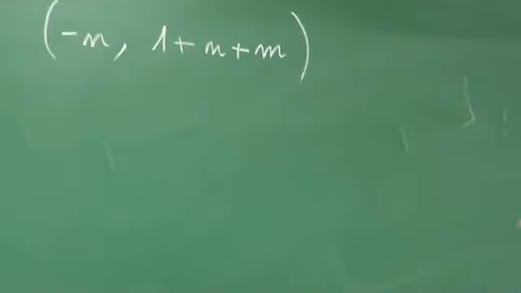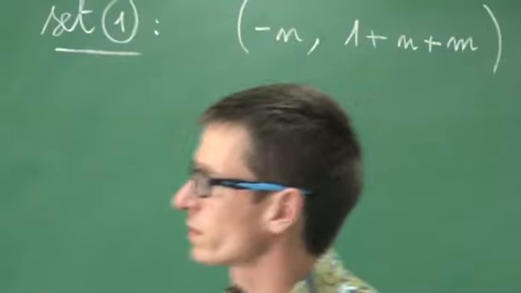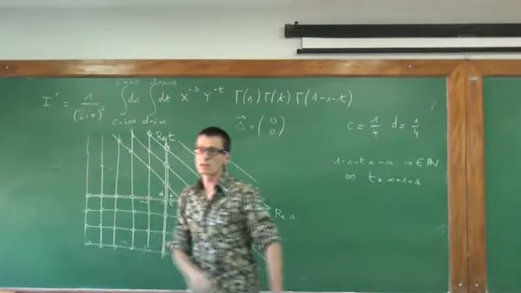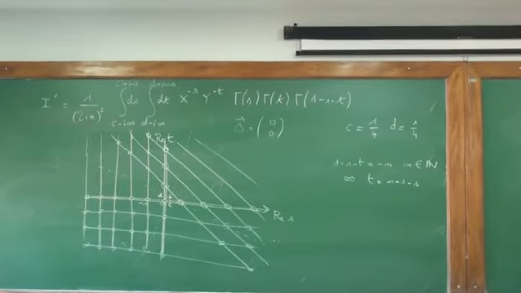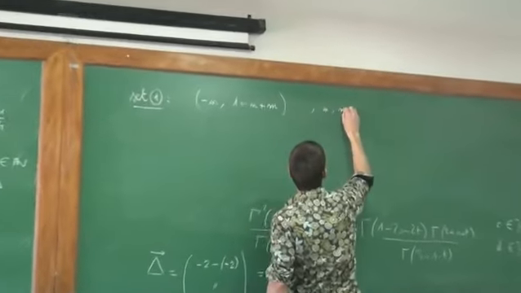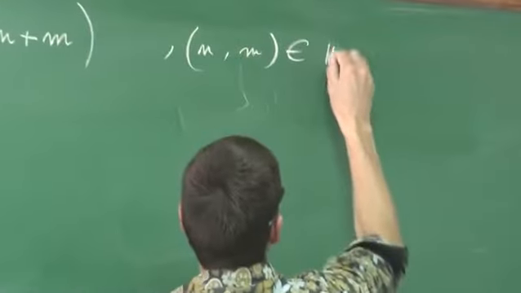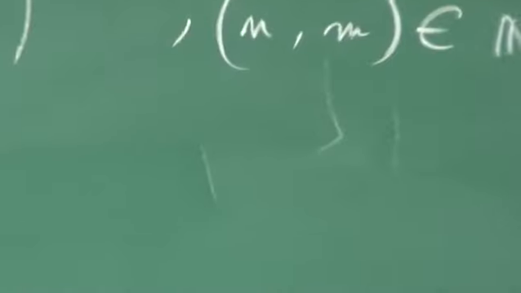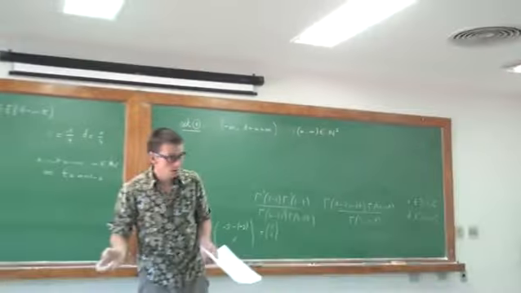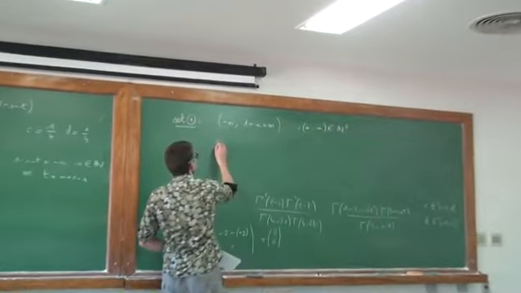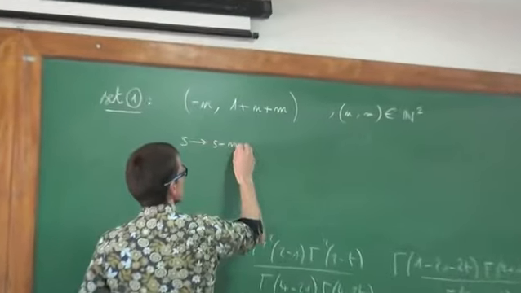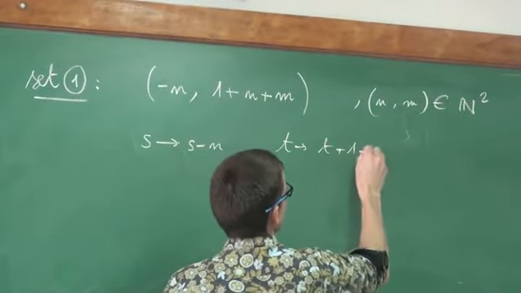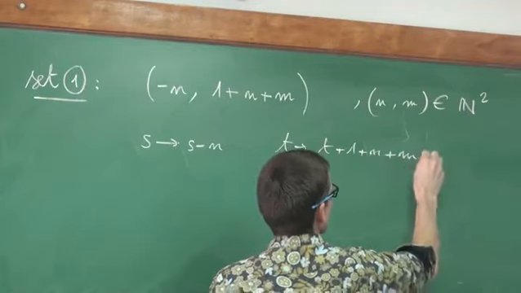So this is where we have all our points, by taking n and n in N squared. So we can do as in the one-dimensional case. We perform the change of variable s minus n, t plus 1 plus n plus n.